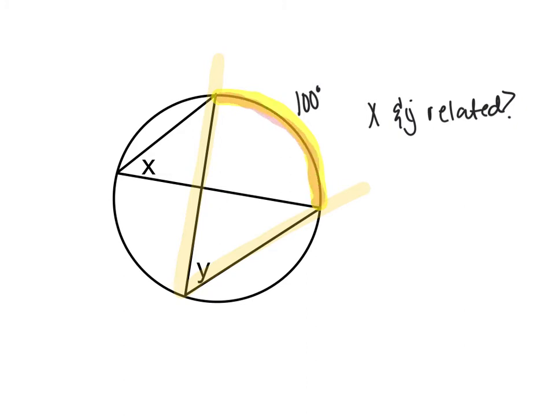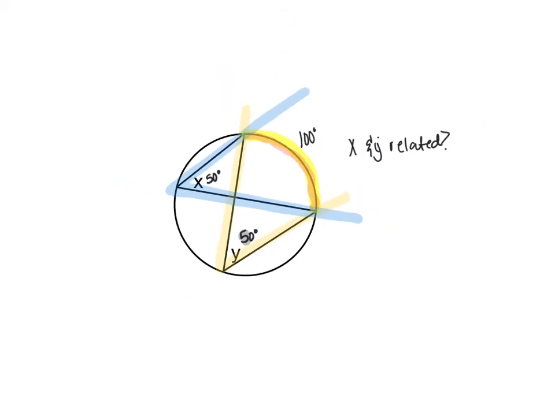So I know Y has to be half of 100 degrees. But X also intercepts that same arc. If I trace the sides of the angle that form angle X, I see that that is also intercepting that same arc. So that has to be 50 degrees.